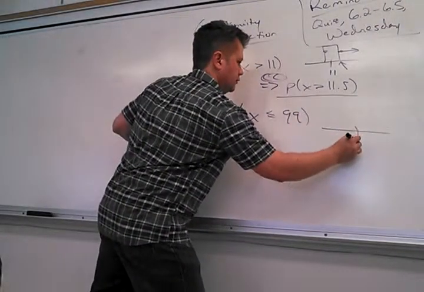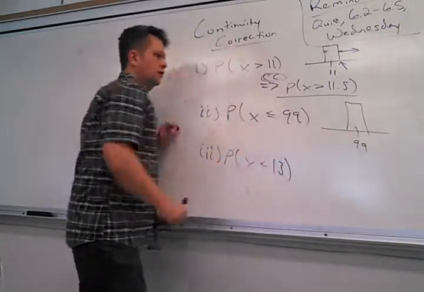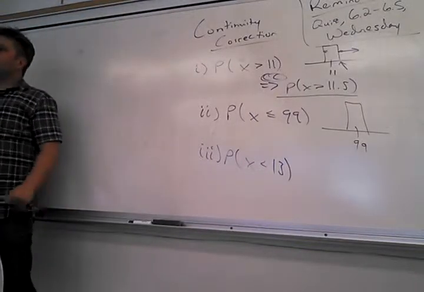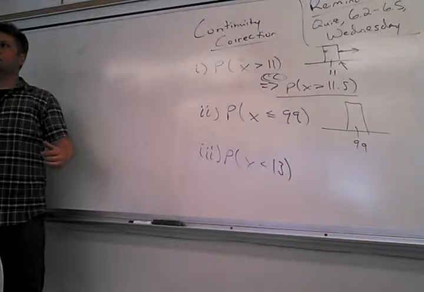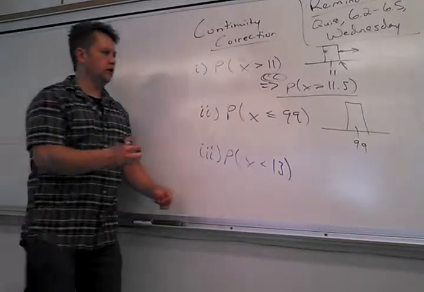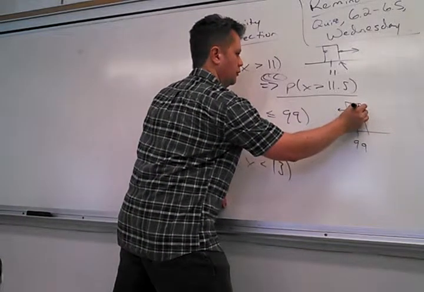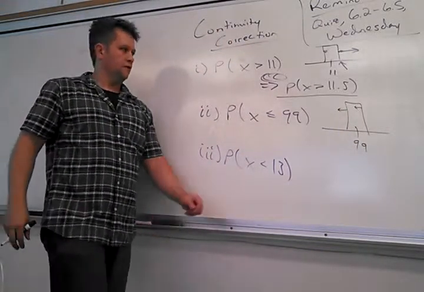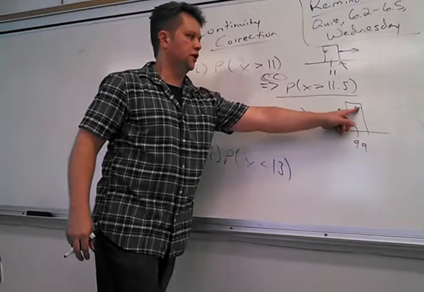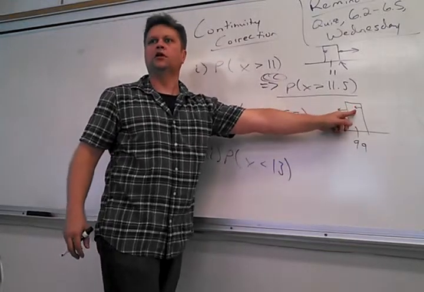If I want less than or equal to 99, do I want to include the 99? Yes, I do. I'm going to shade up or down? Down. So it's a question of, do I want to start there or do I want to start here? Here.